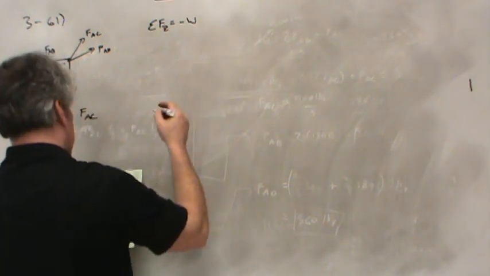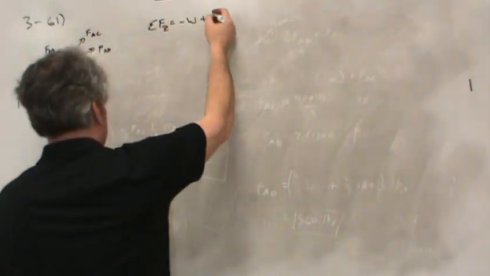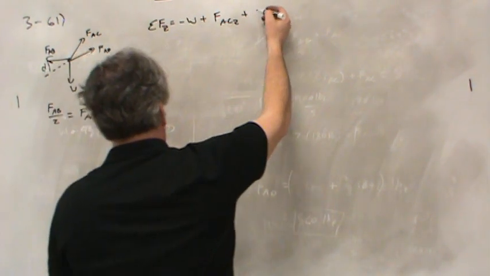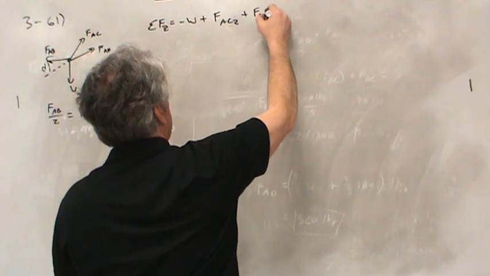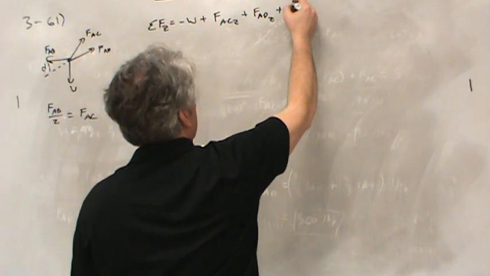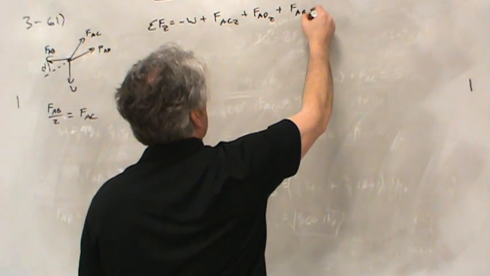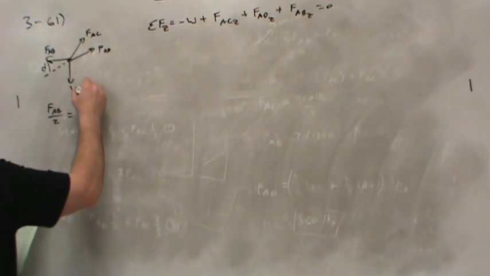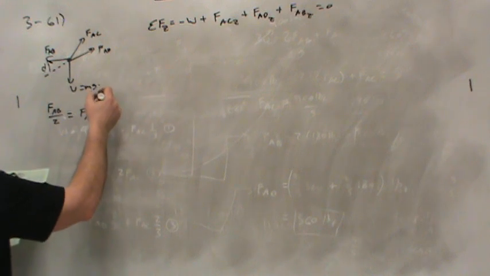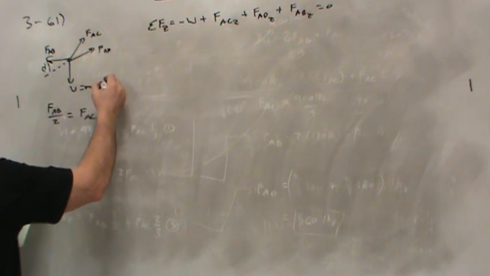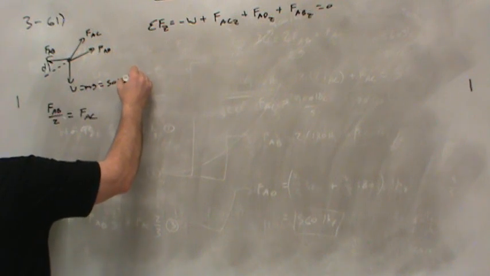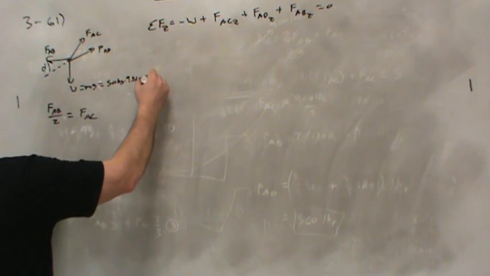Obviously the weight acts downward opposite the positive z-axis, and there's a contribution from AC in the z direction, from AD in the z direction, and from AB in the z direction. But the sum comes out to 0. Now I went ahead and calculated the weight as mg, mass times acceleration of gravity, and so the mass was 50 kilograms times 9.81 meters per second squared.